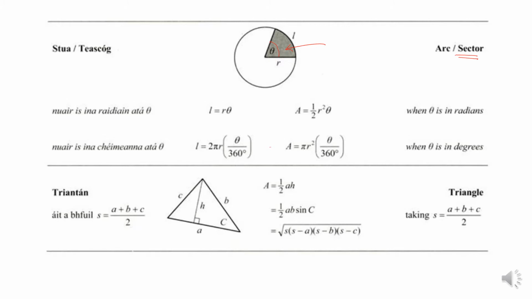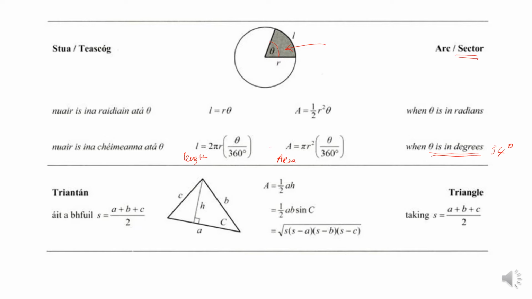L refers to the length, A refers to the area. We're using this bottom version here where theta is in degrees. Remember, we had 34 degrees. So A equals pi r squared theta over 360.